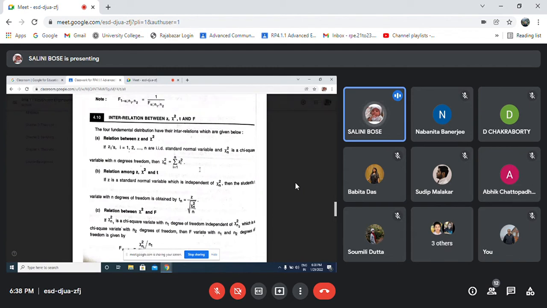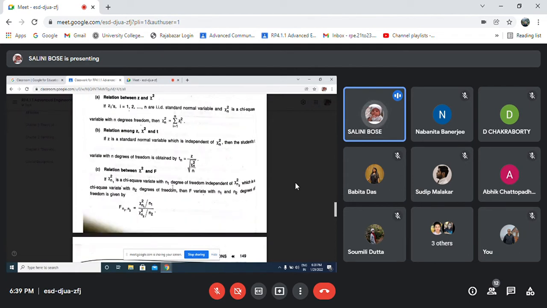This is already known. And now from the t distribution you get this formula, the relation between T, Z and chi-square. And the relation between chi-square and F is this formula: the F distribution with N1 and N2 degrees of freedom is equal to chi N1 square by N1 over chi N2 square by N2.